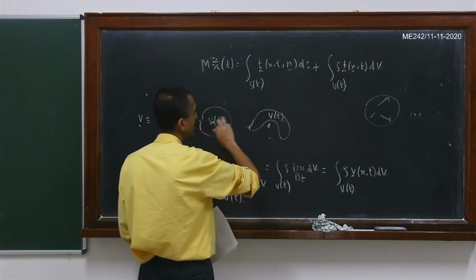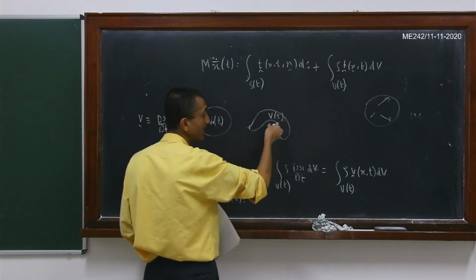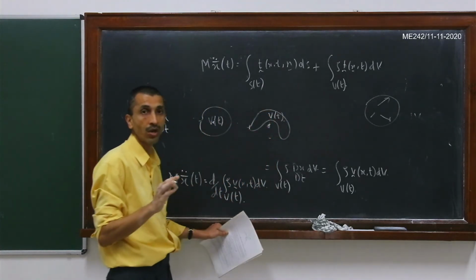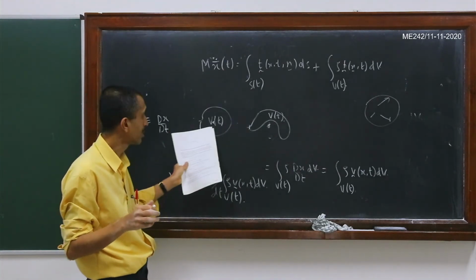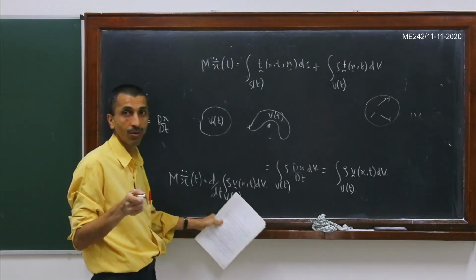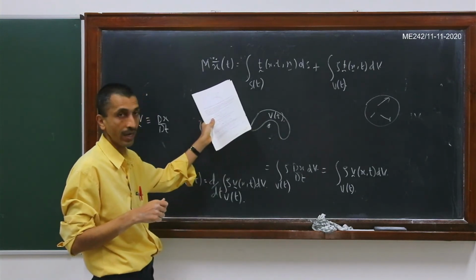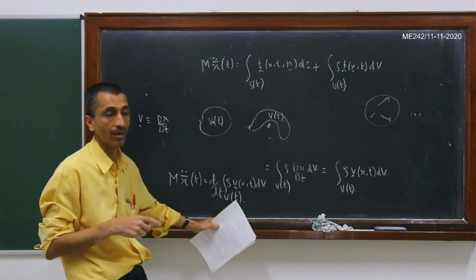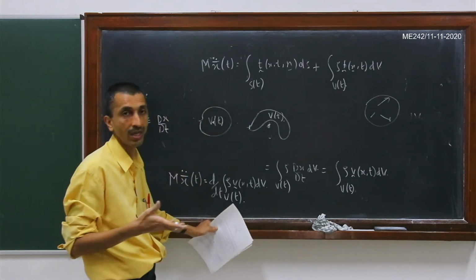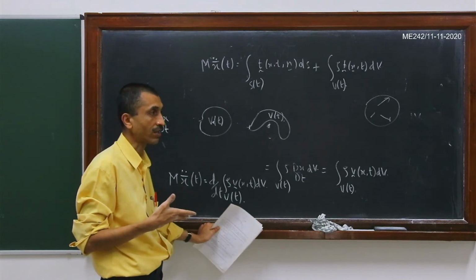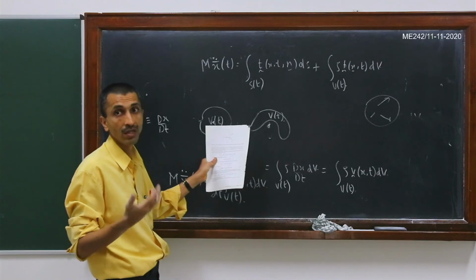So you can see that even if the body is changing its shape, even then this statement is valid. In your rigid body dynamics, I am sure you must have seen the relation that the sum of the forces is equal to the mass of the body times the acceleration of the center of mass. But this is much more general than that result.